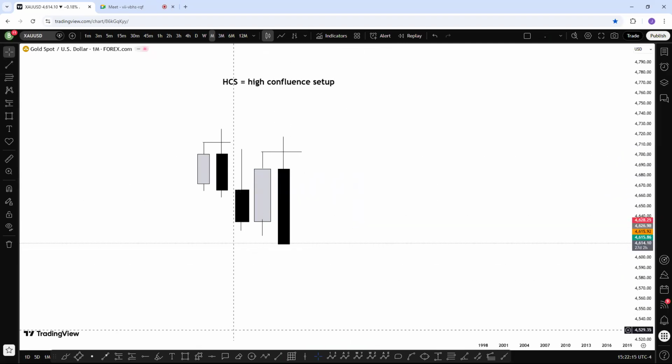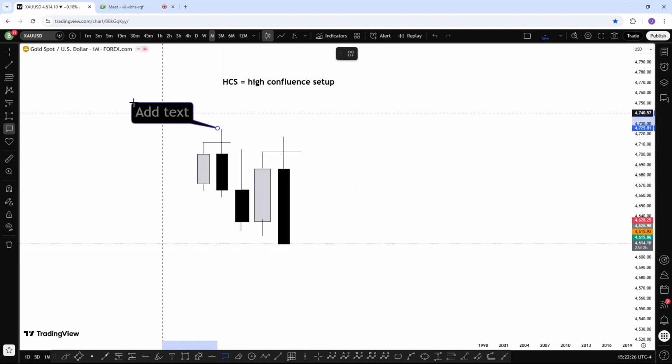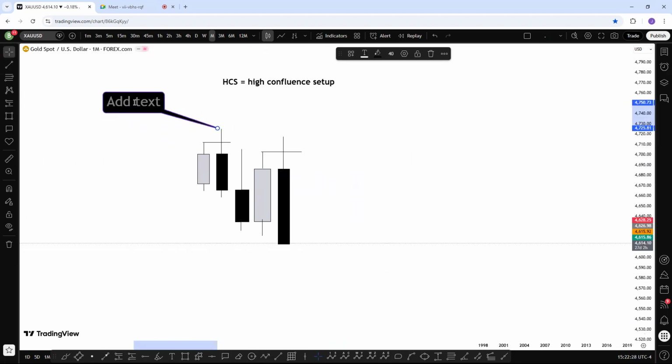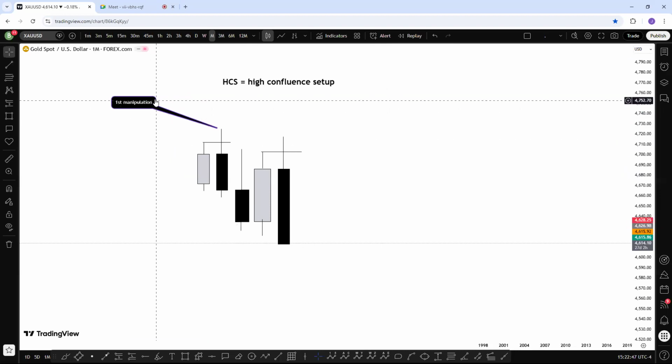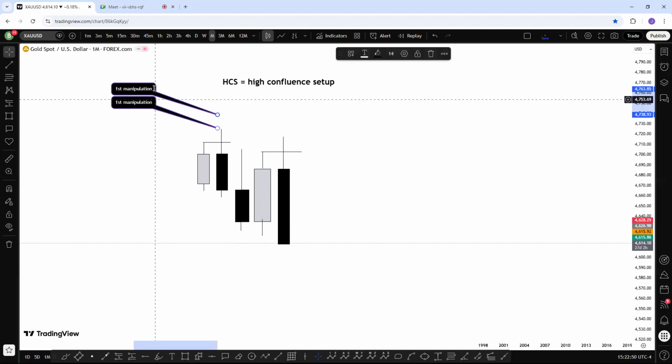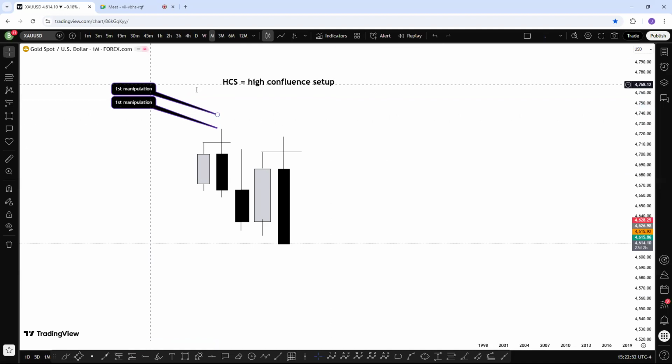So we have two manipulations. This is the first manipulation we have here, and then you have the second one around here.